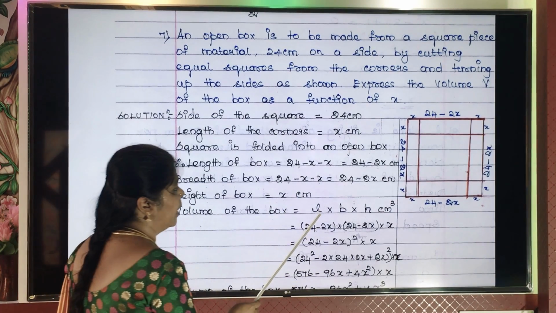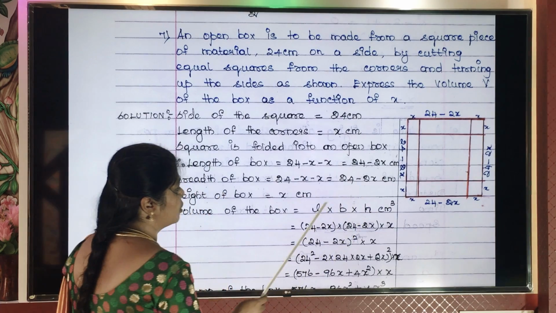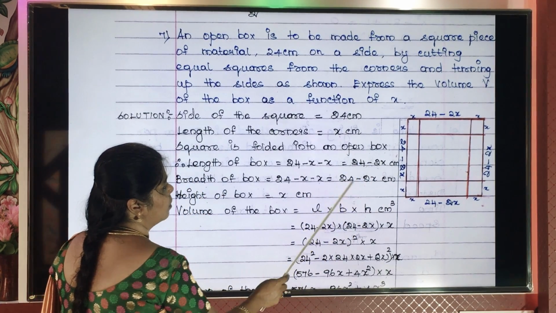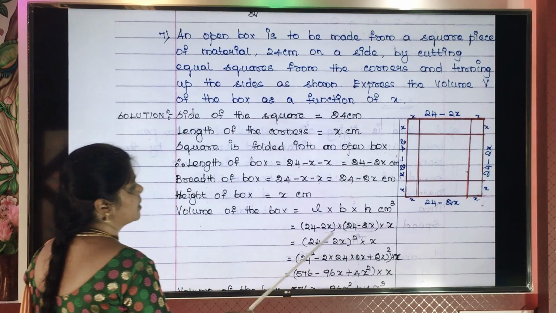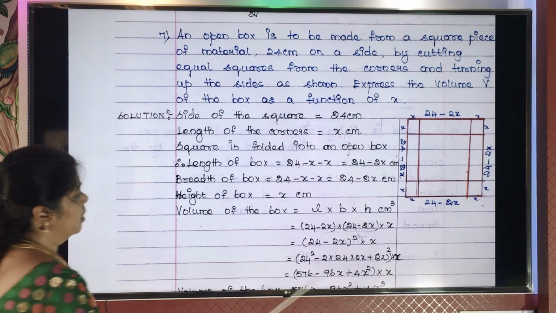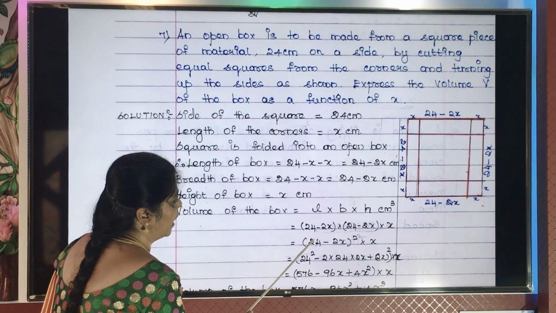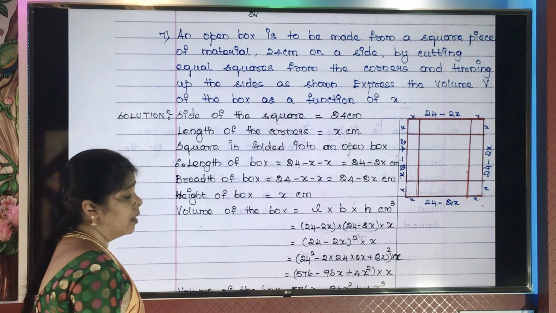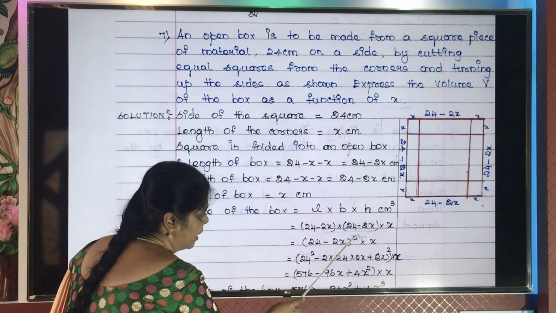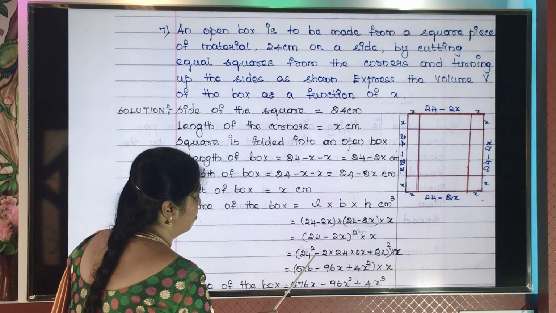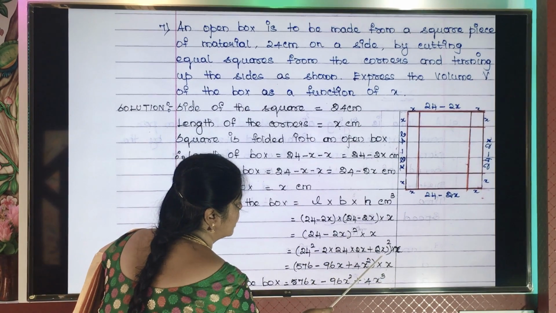What is the volume? Length into breadth into height. So for length you will substitute 24 minus 2x. For breadth you will substitute 24 minus 2x, and for height it is x. These both are looking same. So you write 24 minus 2x the whole squared into x. Now it is like a minus b the whole square. And you all know it is a squared minus 2ab plus b squared.